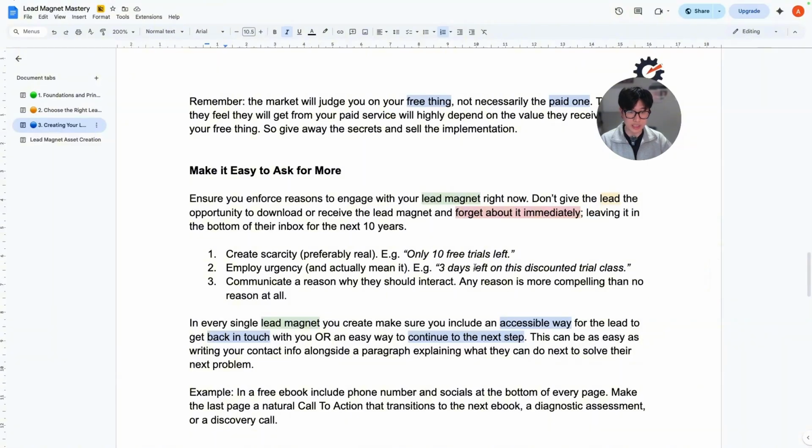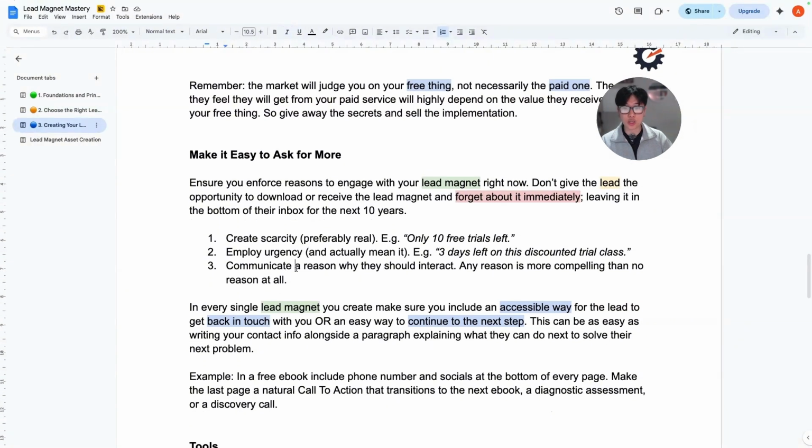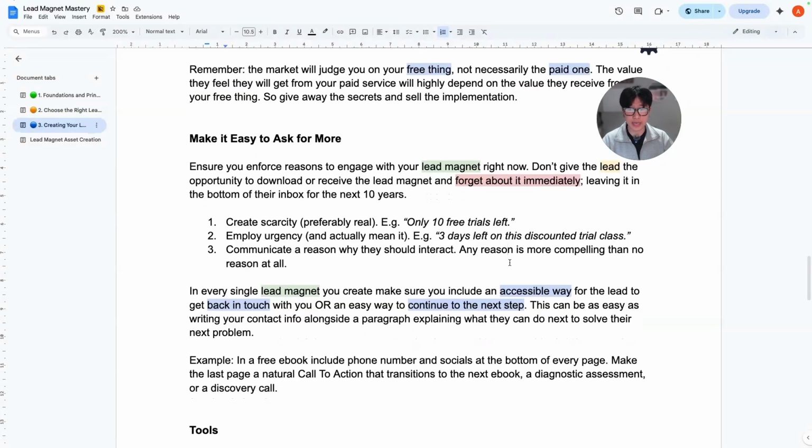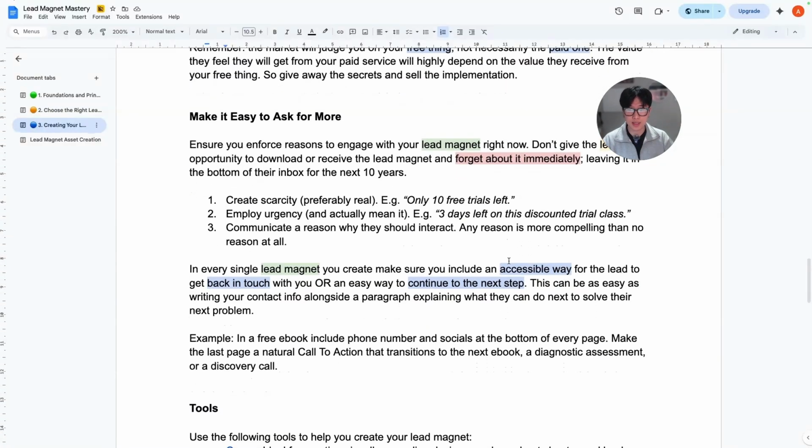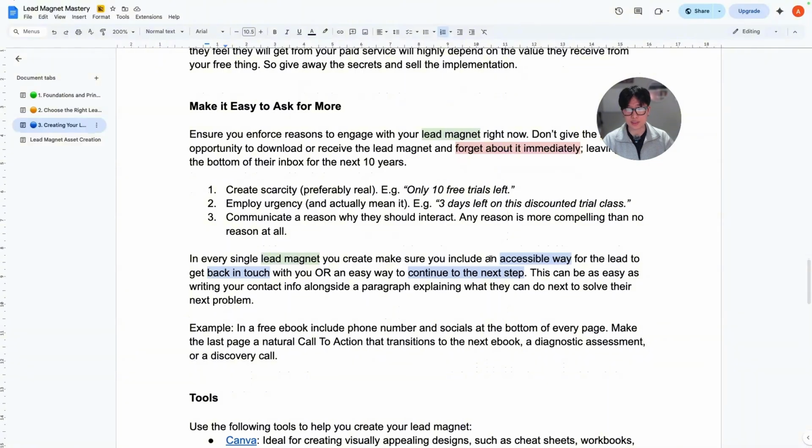So 3 days left on this discounted trial class, that's pretty urgent. You can create scarcity, and that's preferably real as well. So you only have 10 free trials left, and so pick it up now while you can. You can communicate a reason why they should actually interact with you. And any reason is more compelling than no reason at all. So create that as you're making a lead magnet. And be creative. There's lots of ways to do this.